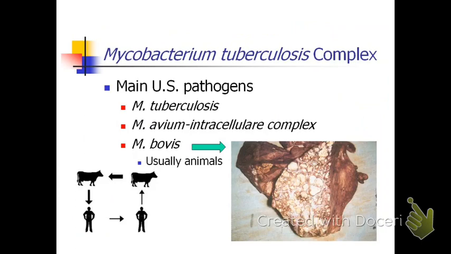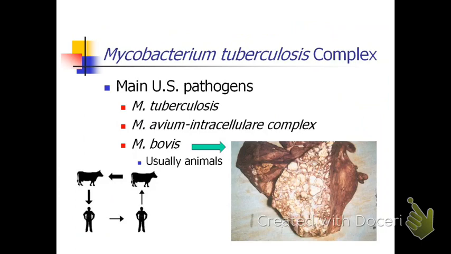Mycobacterium tuberculosis complex. This complex is made up of pathogenic Mycobacterium. Most of these are pathogens that could be seen in United States, but of course it could also be seen here in the Philippines. So these include the Mycobacterium tuberculosis, the Mycobacterium avium intracellulare complex, and the Mycobacterium bovis.